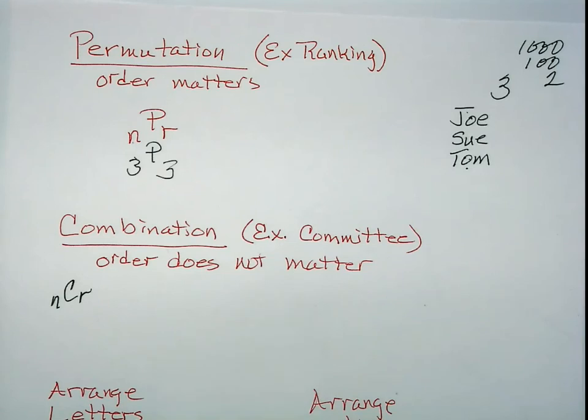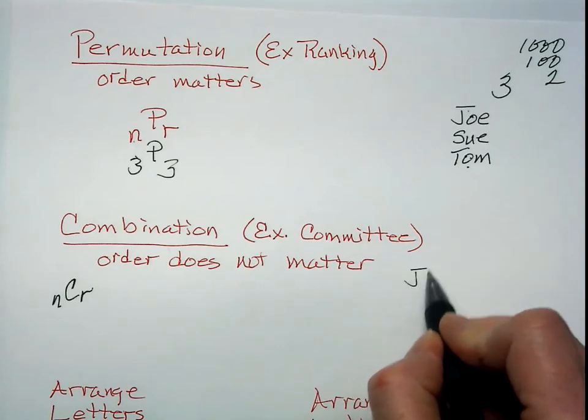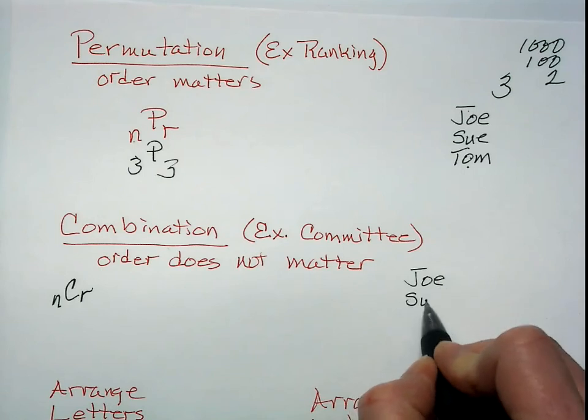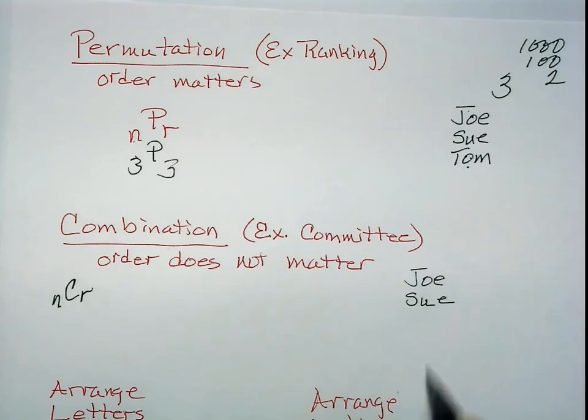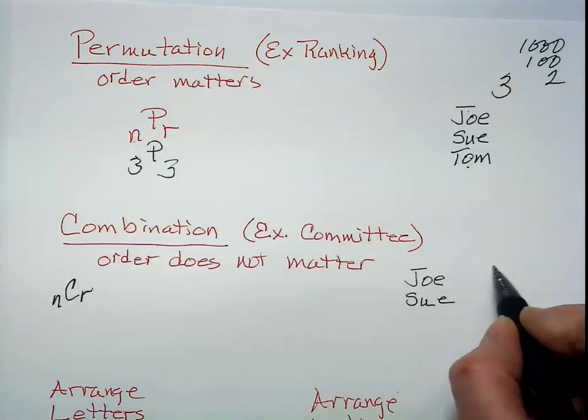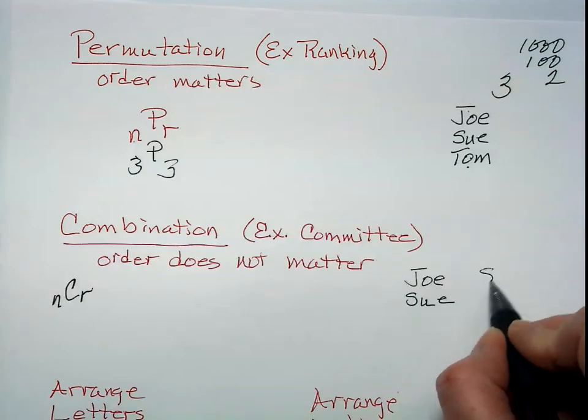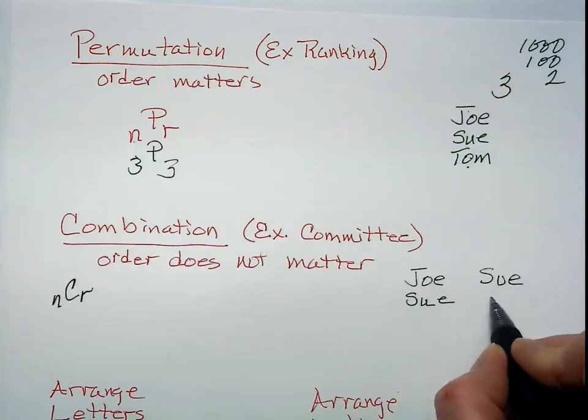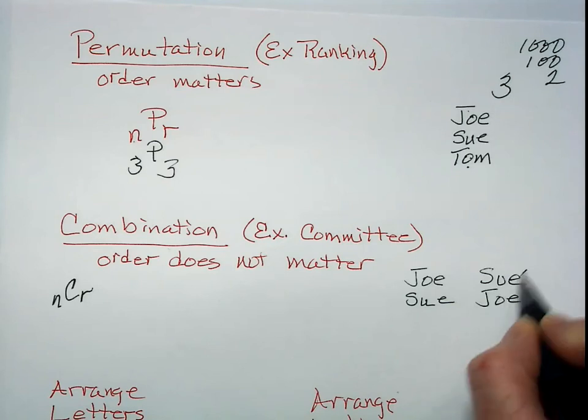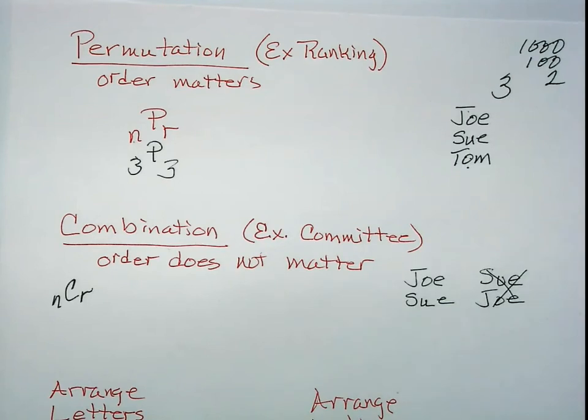Let's say I have those 3 people, okay? And I'm going to form a committee of 2 people. Well, if I select Joe and Sue, it is the same committee as if I choose Sue and Joe. So I don't count that one.